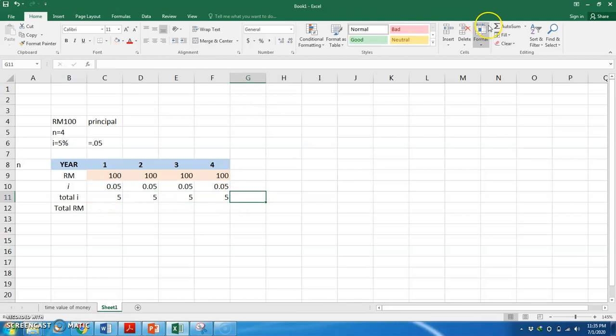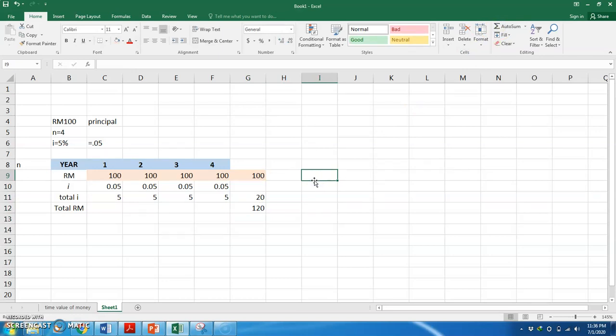So how much do I get? The total I get after 4 years is 20 ringgit. And the money that I invested is only 100 ringgit, so the total that I receive actually is 120 ringgit after 4 years.